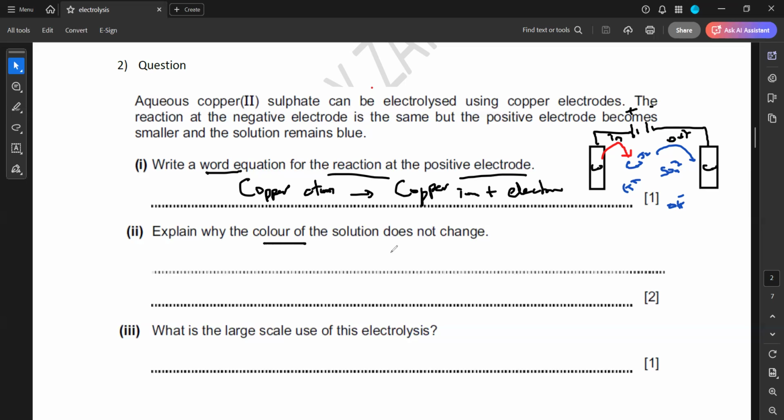Why does the color of the solution not change? What is the reason? Abdullah, sir, I haven't written the equation as a word equation. No, it should be a word equation because it's clearly written.